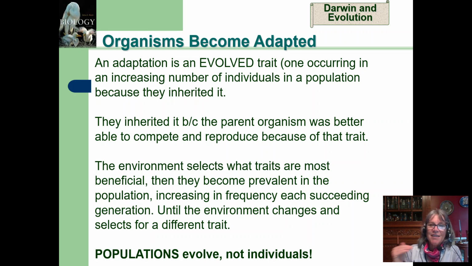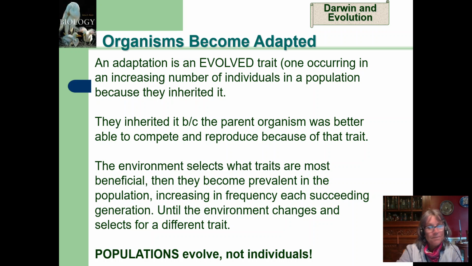So populations evolve, evolution, change over time. Populations evolve, not individuals. So individuals, you get the genotype that you get and the phenotype that you get, and you hope that's the one that's best suited for the current environment. But over time, the one that is best suited to the current environment will be the one that is prominent in the population.